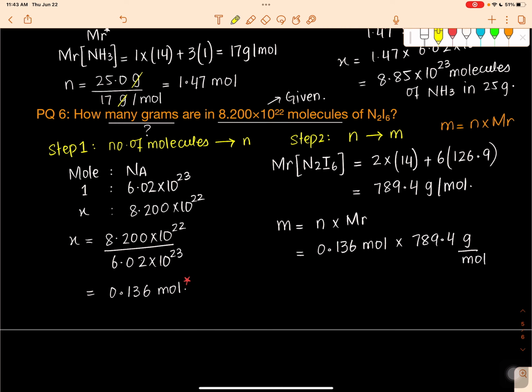What do we get? This mole is cancelled out by this mole, and we get 0.136 cross 789.4. We get 107.4 moles, sorry, grams. We are finding out grams, so we get grams.